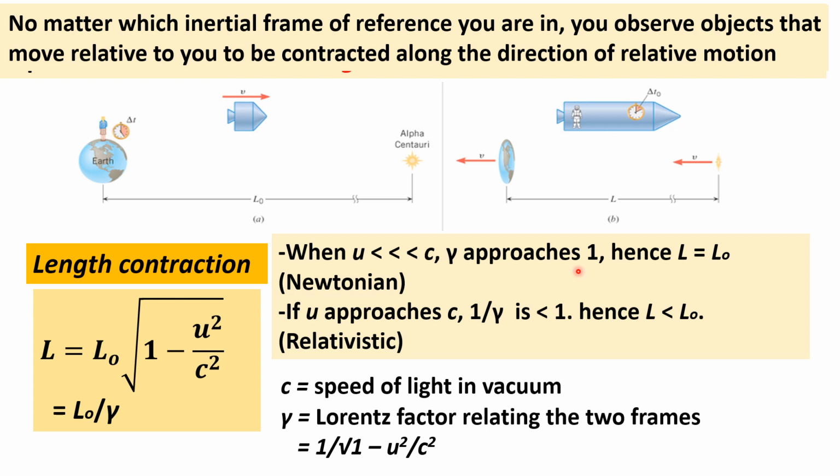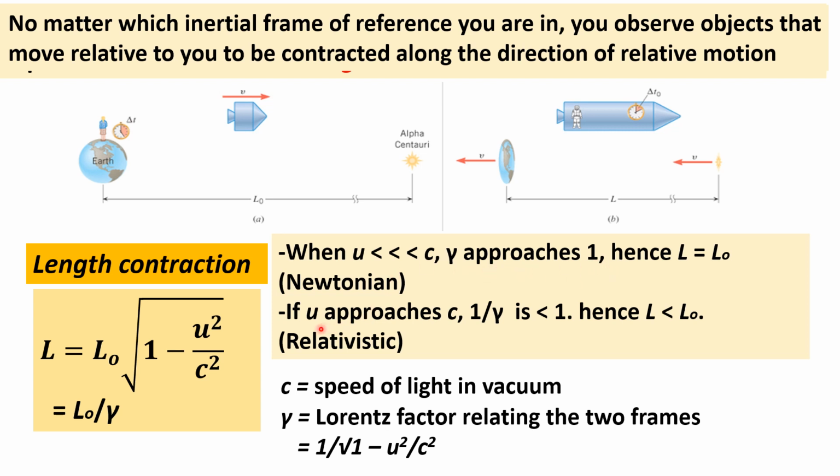What that means, the contracted length L will just be numerically equal to the proper length L naught. In other words, there will be no length contraction that will be observed. So it will just be the simple relationship defined by Newtonian mechanics.